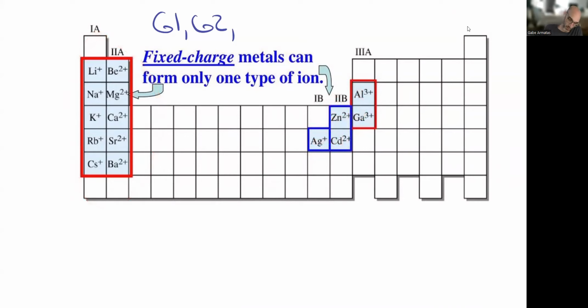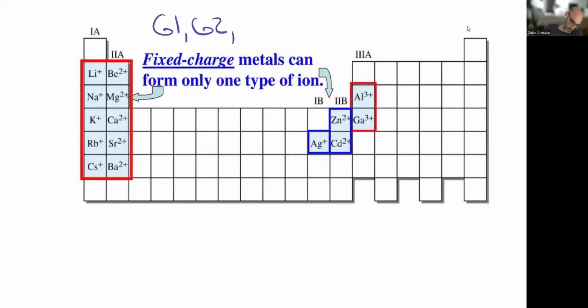So group 1 and 2 are +1, +2. Aluminum and gallium are both +3. Zinc and cadmium are going to be +2. And then finally, silver is going to be +1.